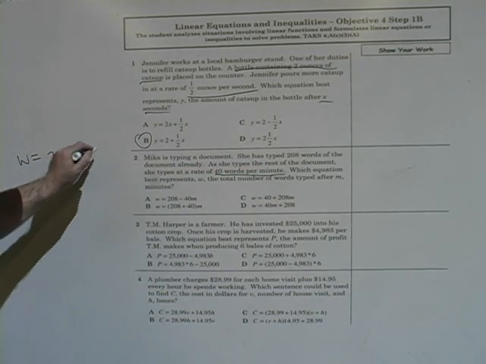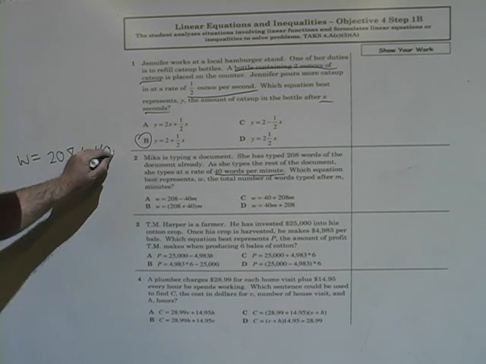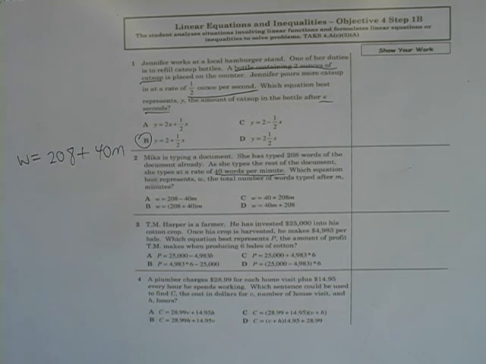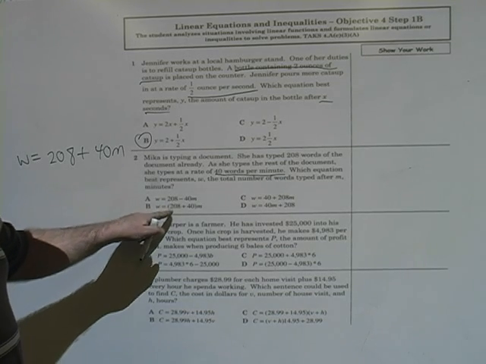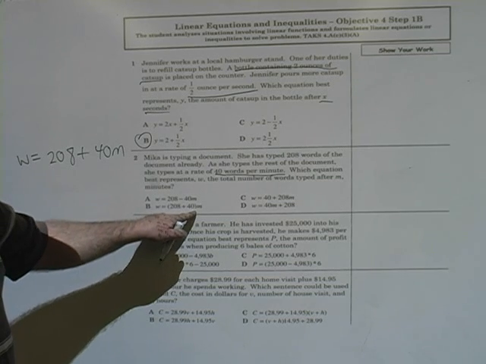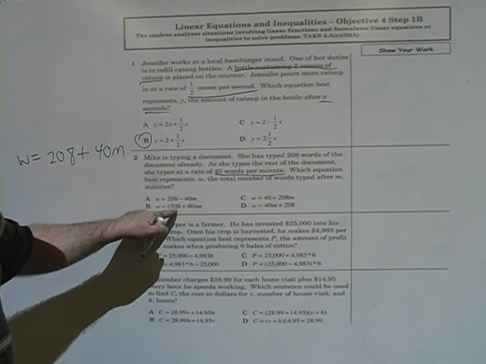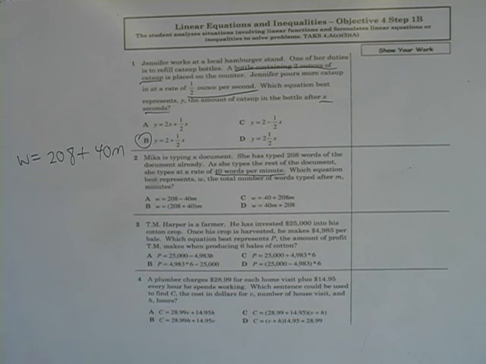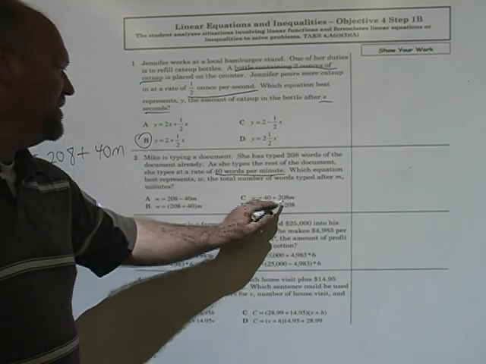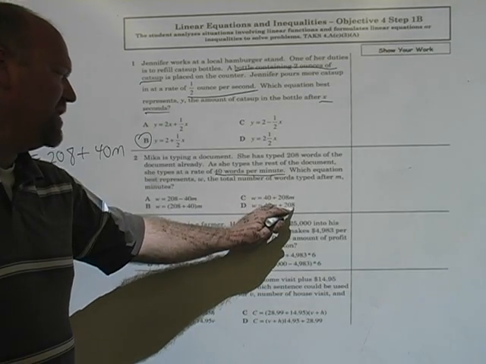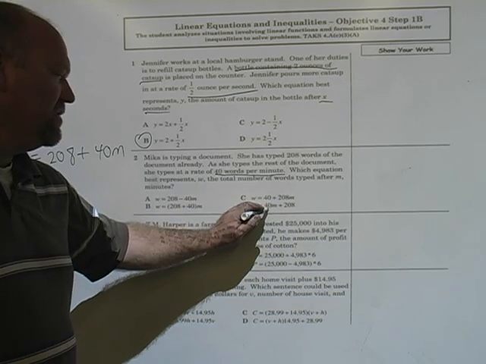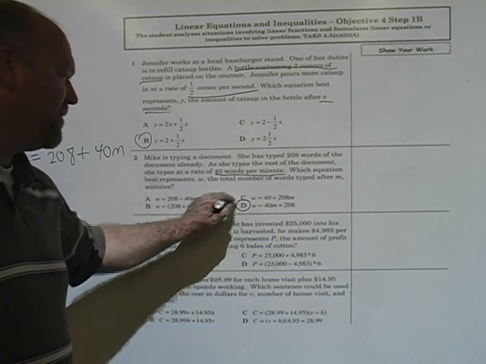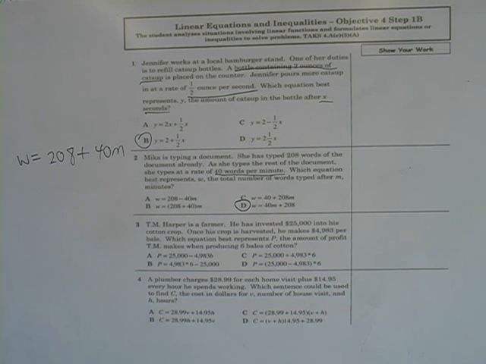So we're going to add 40 every minute. 208 plus 40n. Okay, that's not what that one says. This one's minus. This one is 208 plus 40, and then multiply that by n. This one is 208 plus 40n. Answer D is correct.